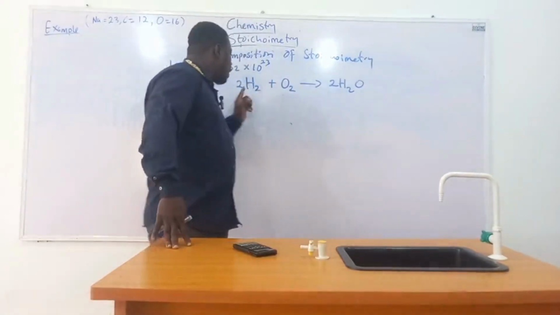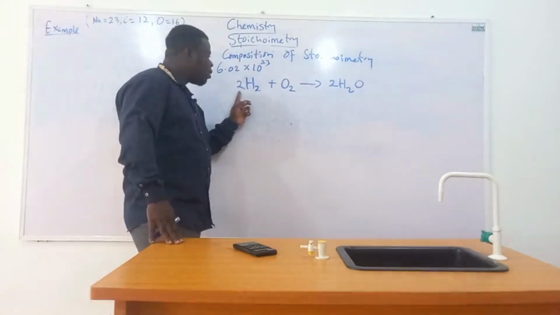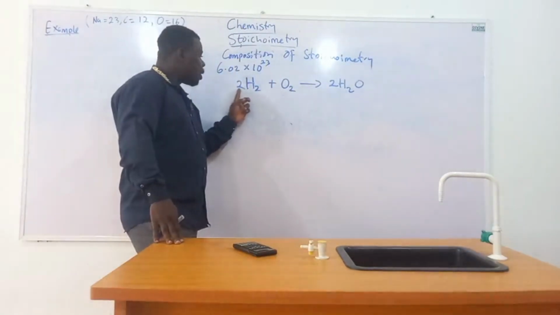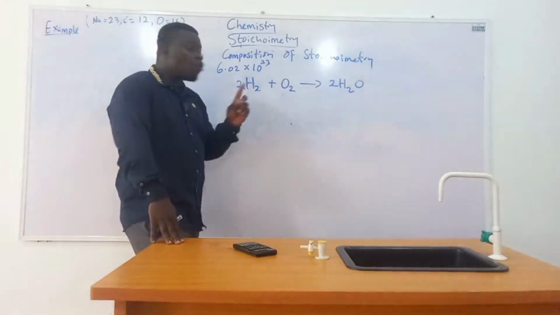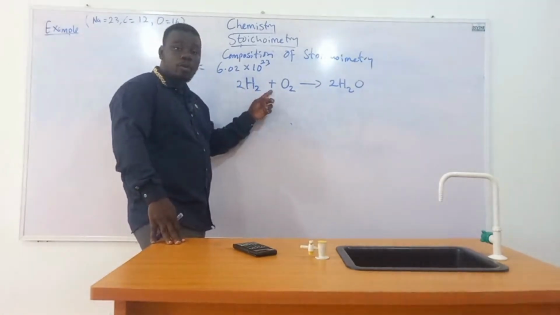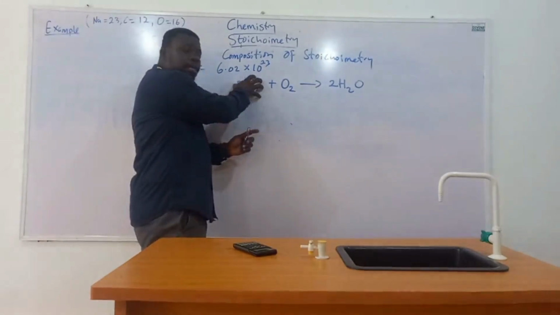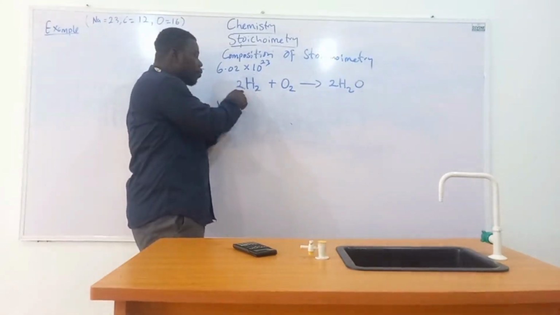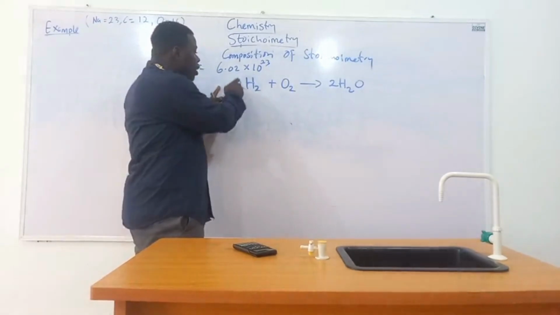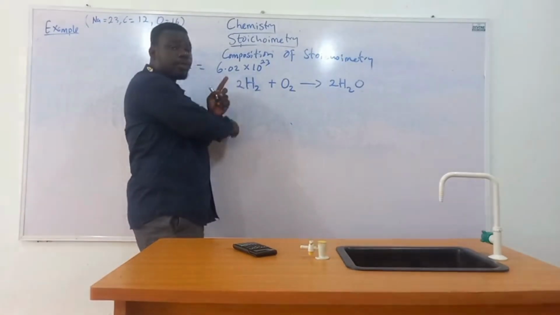Now recall that anytime you see a number at the front of an element or a compound, that number is regarded as the number of mole. So if I ask you how many mole is contained in this element, hydrogen, it is 2 mole. Why is it 2 mole? Because 2 is at the front of the element.